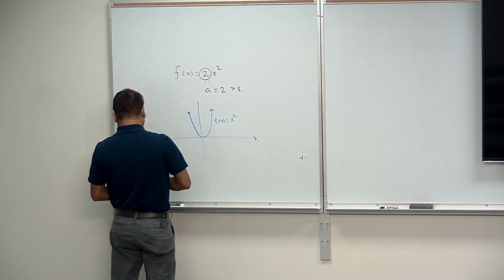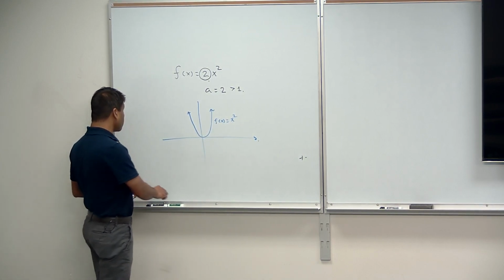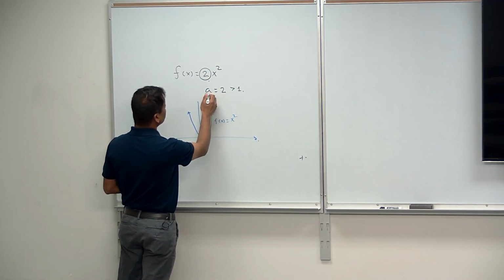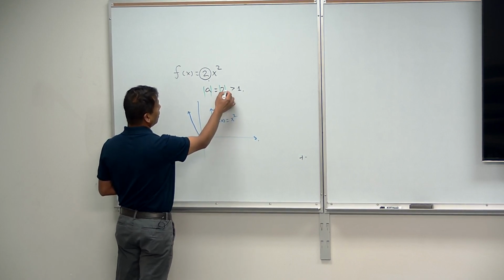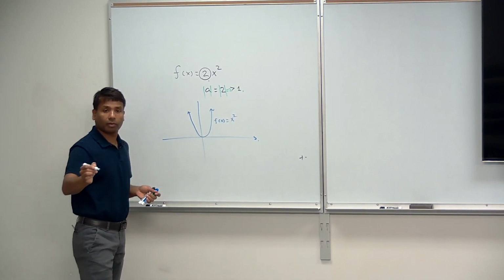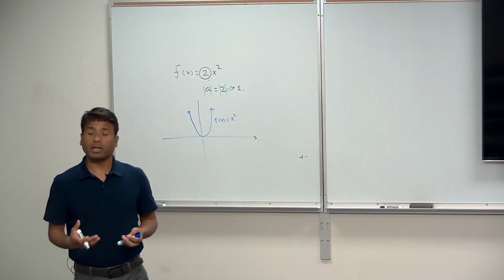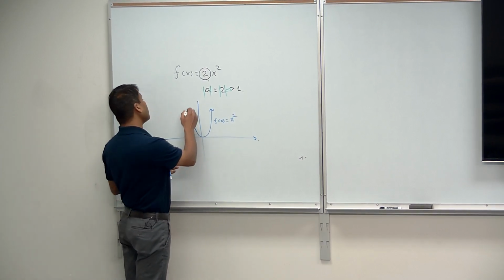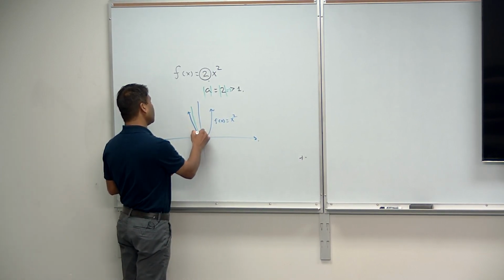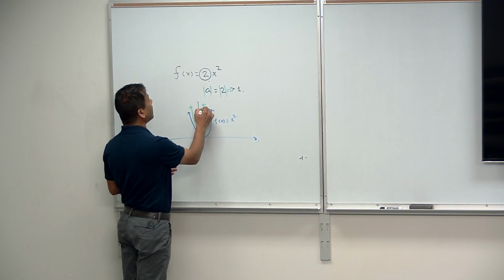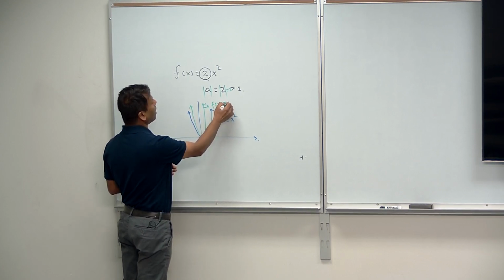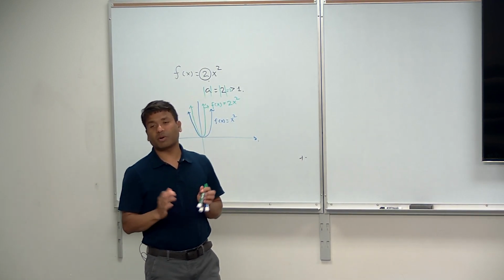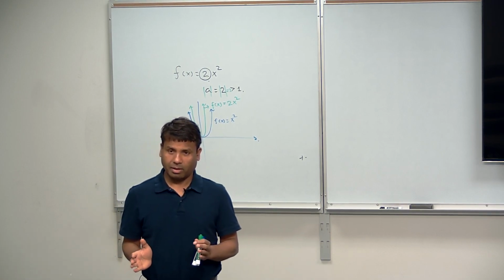And if you want to draw the graph of f(x) equal to 2x squared, since the absolute value of a is 2, which is greater than 1, it will be vertically stretched and more narrow, something like this. So the green one is the graph of f(x) equal to 2x squared. Did you see that? So that is vertically stretched.